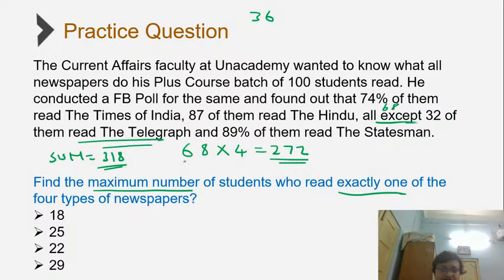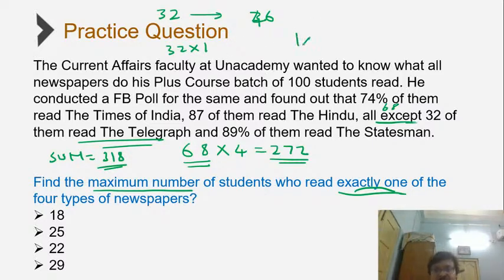And how many people do I have at my disposal? I have 32 people, and I'm falling short by 46. So I cannot afford to have all these 32 people in the exactly one newspaper category.